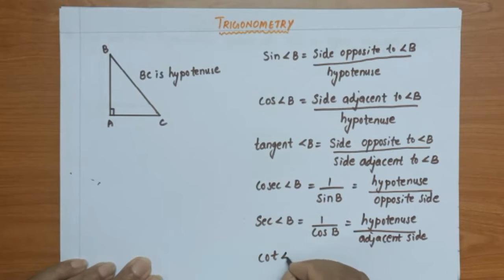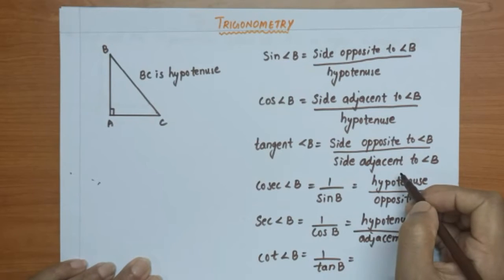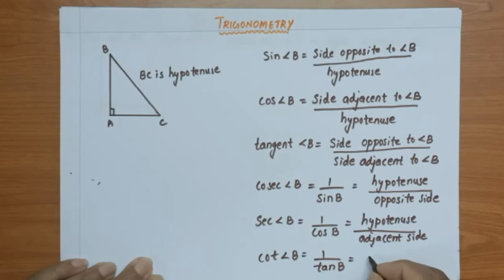Angle B equal to 1 by tan B. That means tangent is opposite side by adjacent side. So cot will be adjacent side by opposite side.